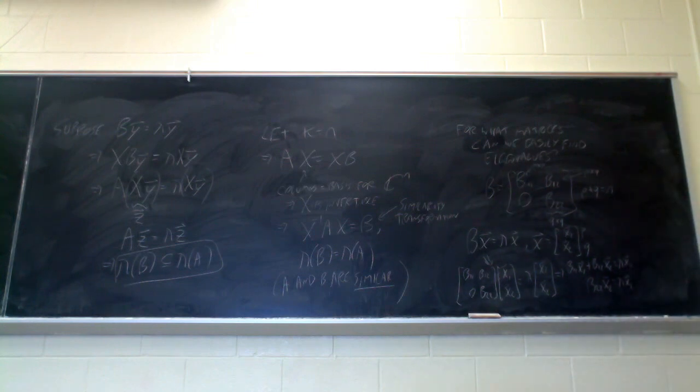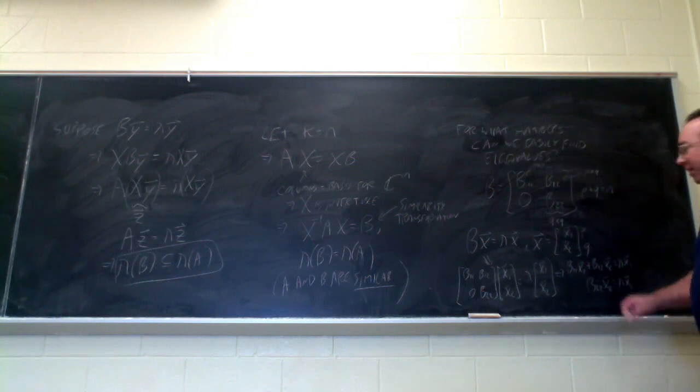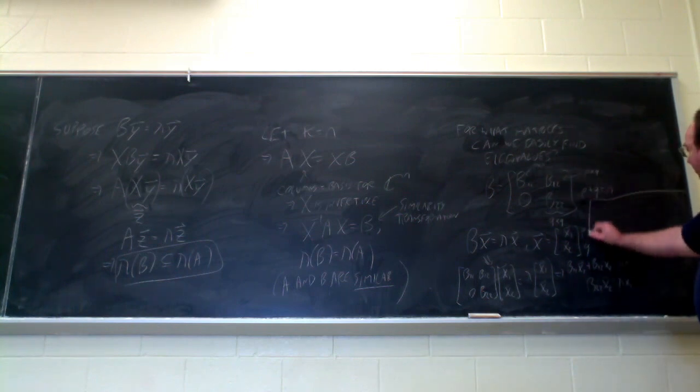All right. Now, let's look at a couple of cases here. And I wish I had not run out of board space, but okay. Well, I'll just carve out this area here.